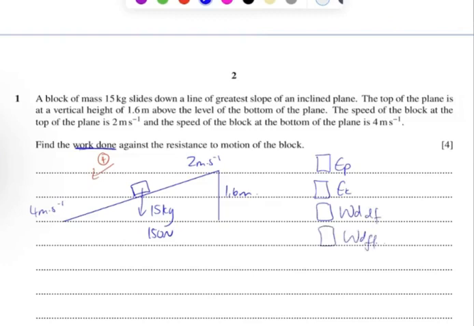What we're going to do is go from the beginning to the end. The top of the hill is the beginning and the end is at the bottom of the hill. In this case, potential energy is changing because the vertical height changes from the top to the bottom. Our kinetic energy is also changing because it's going from 2 meters per second to 4 meters per second.